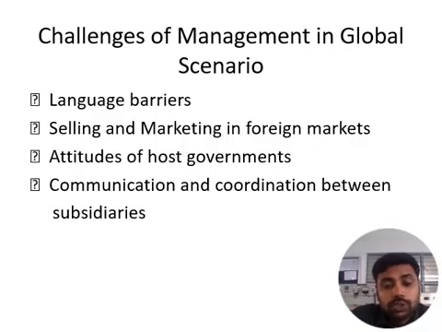Then attitudes of host governments: in each and every geographical area, different attitudes of the government will be there, so we have to adapt to that. Communication and coordination between subsidiaries: communication gaps should not be there, so this is a challenge.